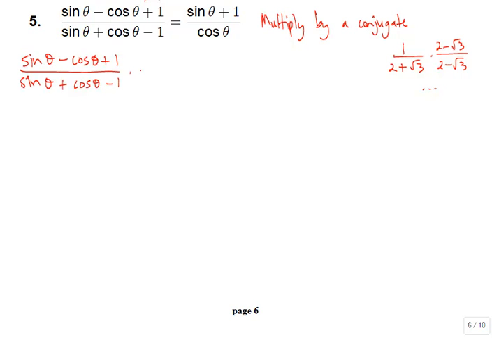And again, this would just take some sort of trial and error to figure out what to do. What I'm going to multiply by is the exact same expression that's in the numerator, but I'm going to change this minus in front of the cosine to a plus. That's what a conjugate does. It takes the opposite sign in the middle. Now, how would you know to do the conjugate of that one? You don't. You just have to try something and cross your fingers and hope that it leads you to where you want to go.